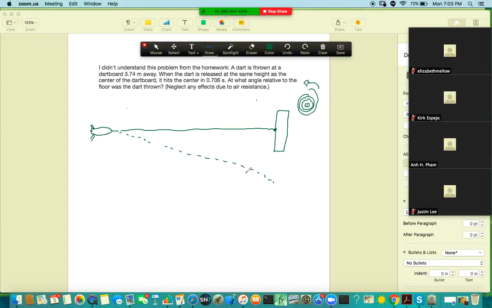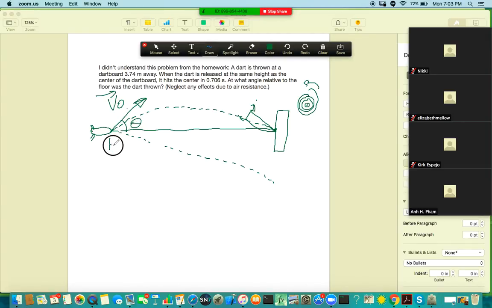But that's what's going to happen, which means to allow for the dart to hit the bullseye, you have to throw at an angle. So here is your initial velocity, and the angle has to be such that when you throw, the thing goes up and hits the bullseye right there, like this. Does that make sense? So this is the angle in which you throw the dart.